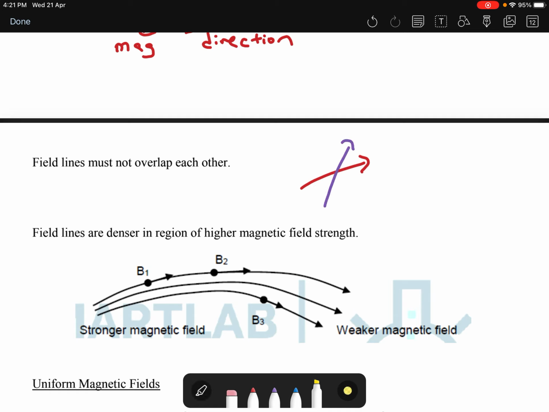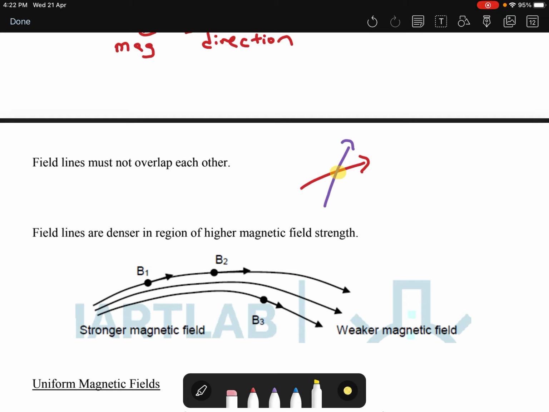If at this particular point the two field lines intersect each other, this will create another field line, something like a resultant force. If you have two forces intersecting each other, you will create another resultant force.